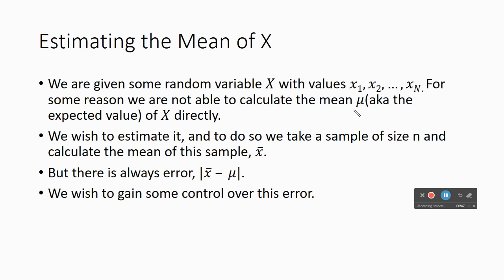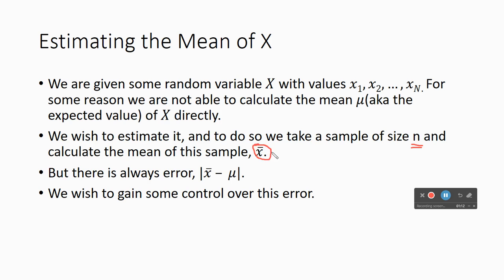So we might not be able to calculate what mu is directly when we're given the random variable x. And so we wish to estimate it, so we take a sample of size n and calculate the mean of this sample and get an x bar.